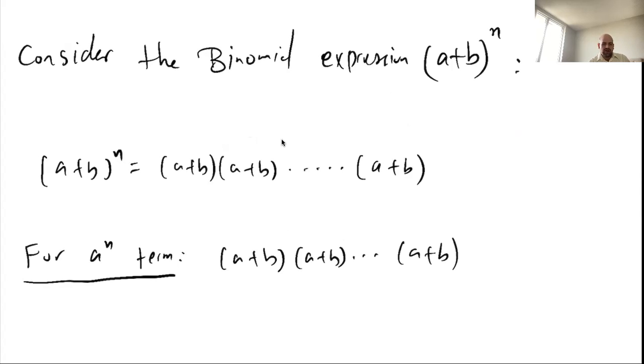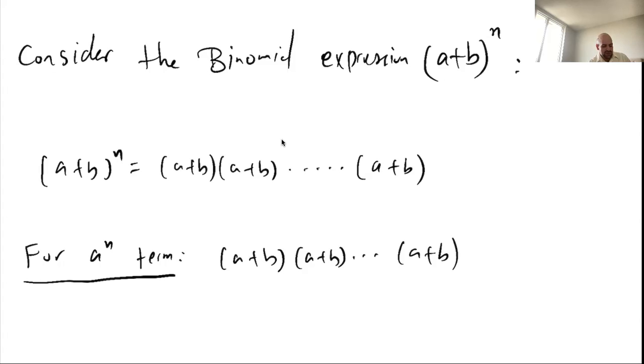Even if from one bracket I choose b, then the power of a will be at most n minus 1, even if I choose a's from all remaining brackets, and it will not be a to power n. If I want to get a to power n, I have to choose a from every single bracket.